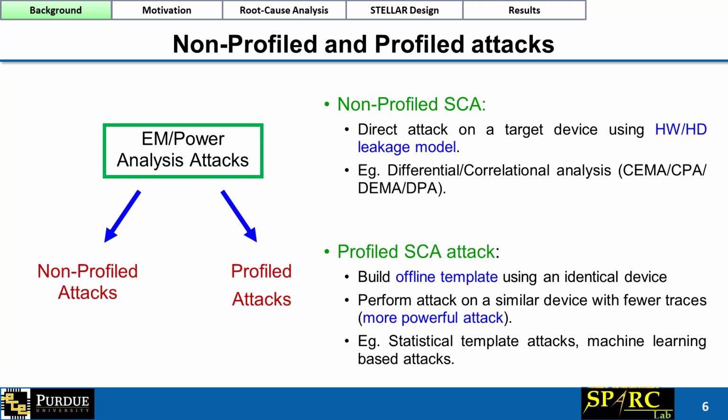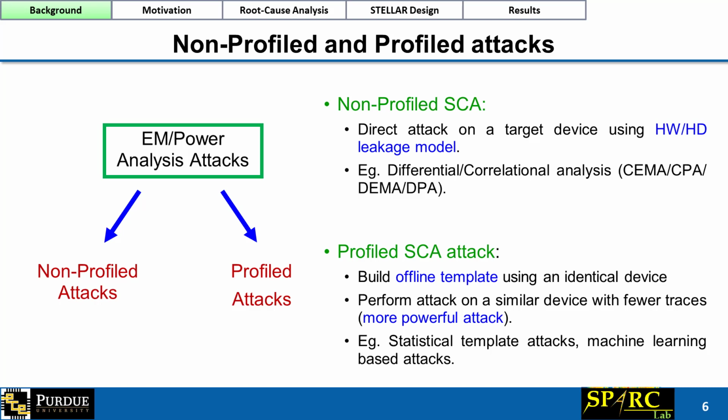Electromagnetic or power side channel analysis attacks can be non-profiled or profiled. Non-profiled attacks are the traditional attacks like correlational or differential EM or power analysis, and is a direct attack on the target device.